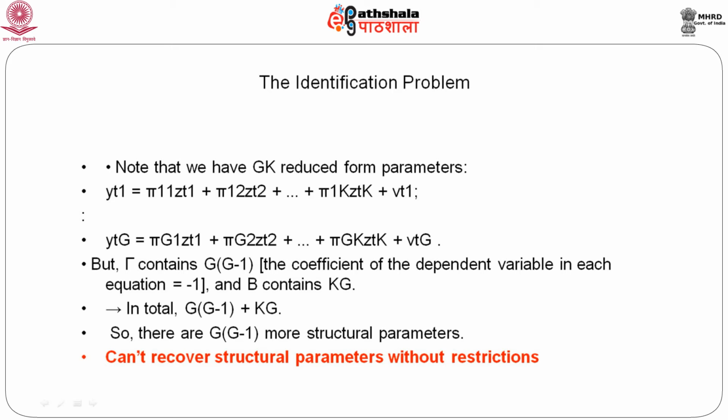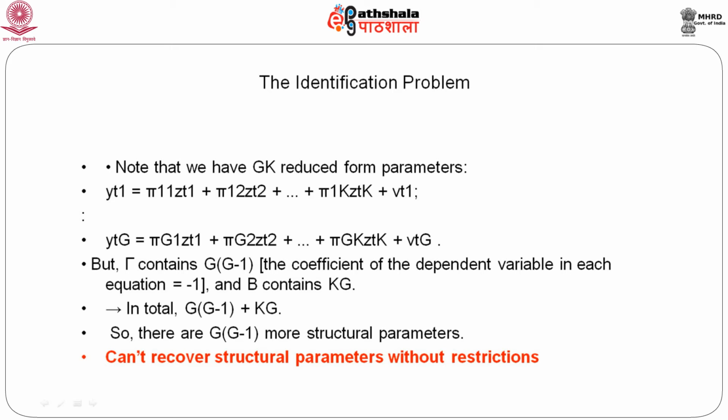The notations are as follows, and accordingly from the structural form parameters you can generate the reduced form parameters, where each of the dependent variables is expressed only as a function of the predetermined or exogenous variables.